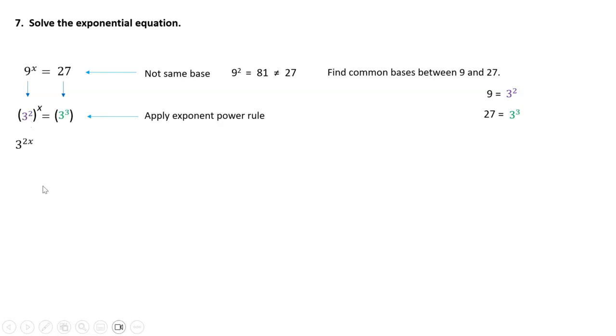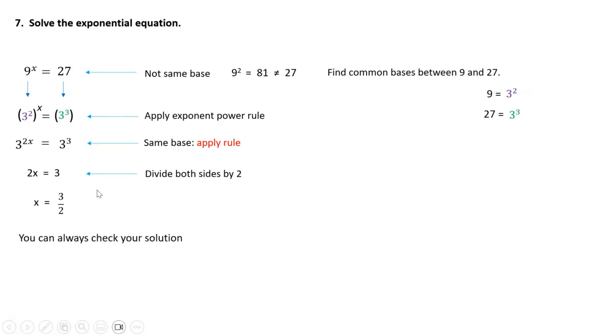So the left side is going to be 3 to the 2x. On the right side, we have 3 to the third power. Now they have the same base. So when they have the same base, we let the exponents equal each other, that's a rule for exponents. We divide both sides by 2, and the answer will give us 3 over 2.